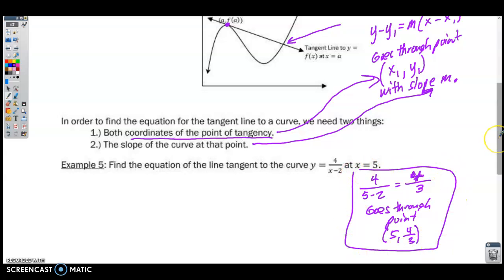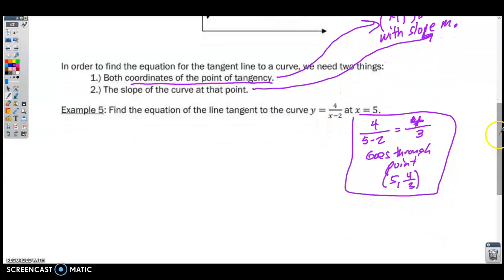Okay, the other piece of information I need for this tangent line is the slope of the curve at x equals 5. And so I'm going to find f prime of 5. I'm going to do that using the limit of the difference quotient. I'm going to take the limit as h approaches 0 of f of 5 plus h minus f of 5 all over h.